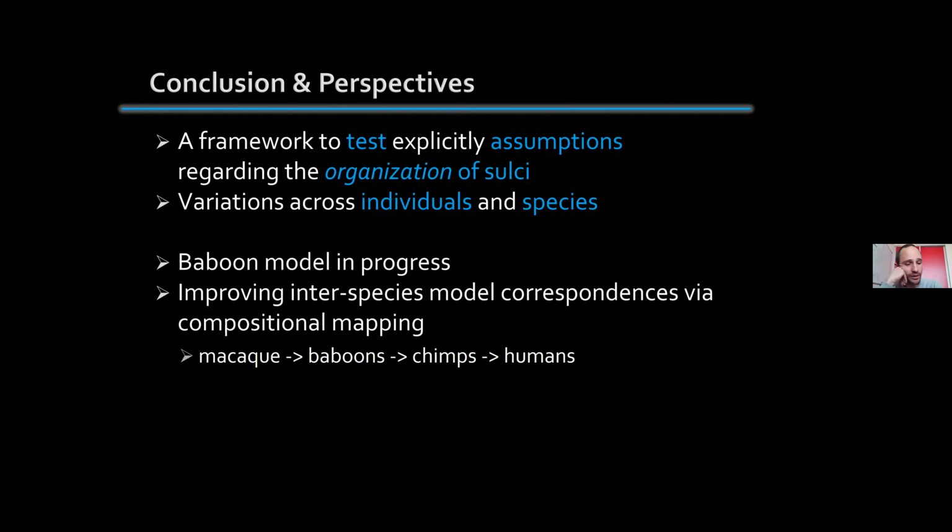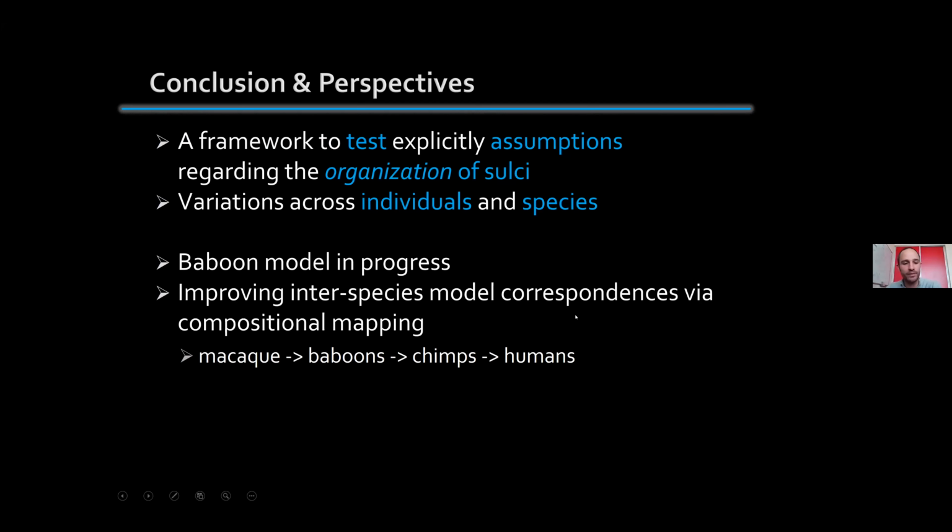We are working on building such a model for baboon, and also on how to compare and optimize the correspondence across species by composing the mapping across the different species.